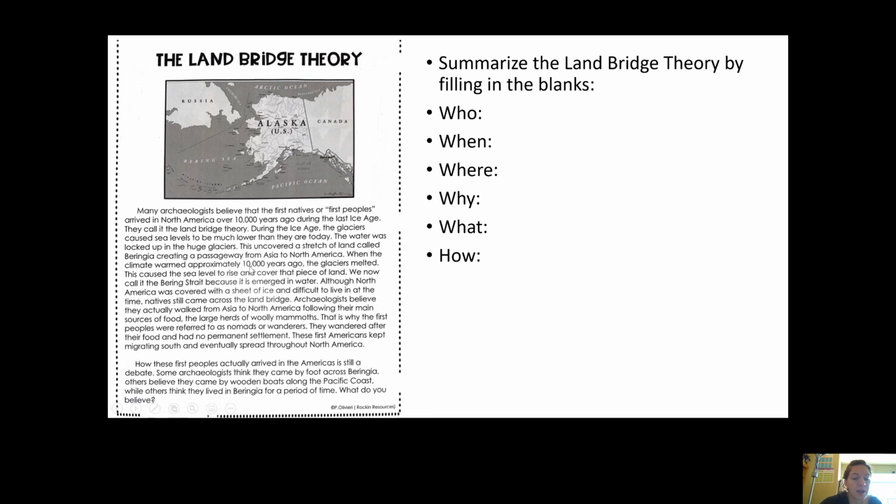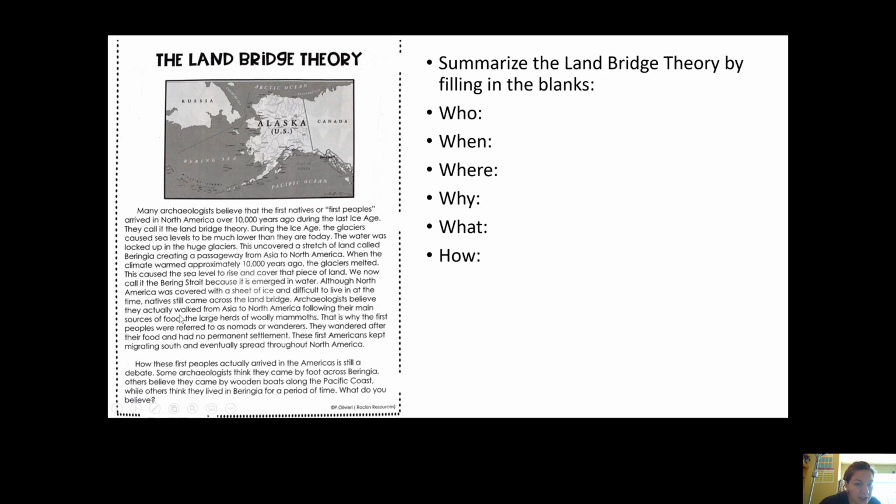When the climate warmed approximately 10,000 years ago, the glaciers melted. This caused the sea level to rise and cover that piece of land, so that's why it's not there anymore. We now call it the Bering Strait because it is immersed in water. Although North America was covered with a sheet of ice and difficult to live in at the time, natives still came across the land bridge.